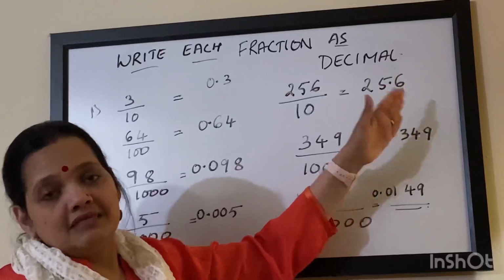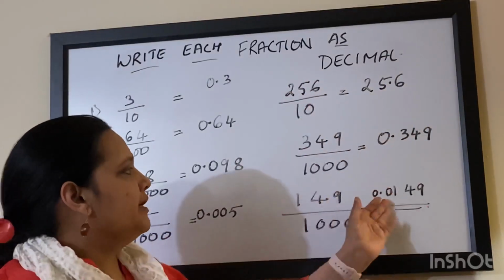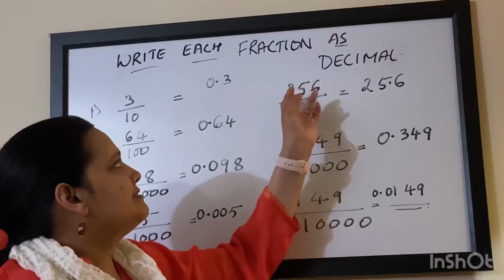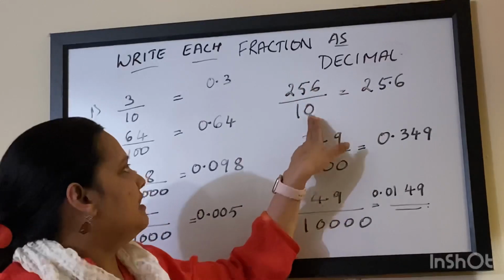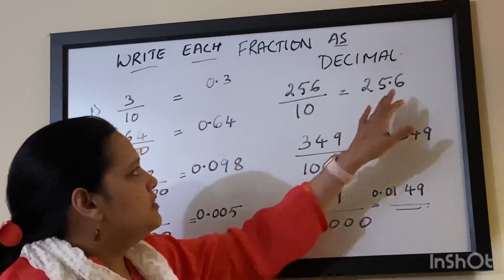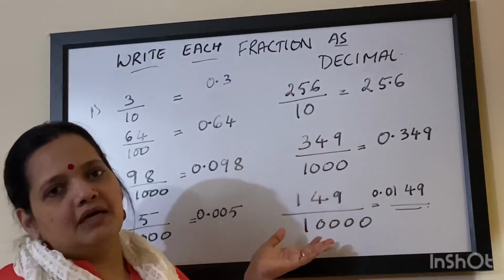Okay, so even this type of question can also be there, not necessarily every time it will be 0 point only. It can be something like this also, if the number is larger in the numerator and there is 1 zero only, that is just one decimal place or 2 decimal places, so we have to put the decimal accordingly.